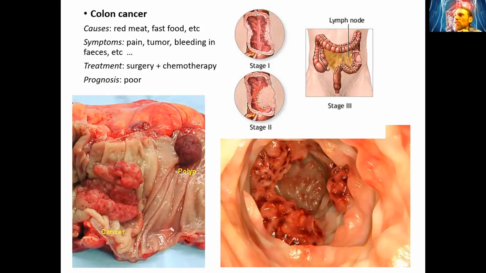What are the causes? Red meat, fast food, bad diet, a lot of alcohol. It's always the same, you know. You have to eat enough fiber. You don't need it as nutrition, because fiber is something our body cannot digest. However, it's really important to push everything through the digestive system.